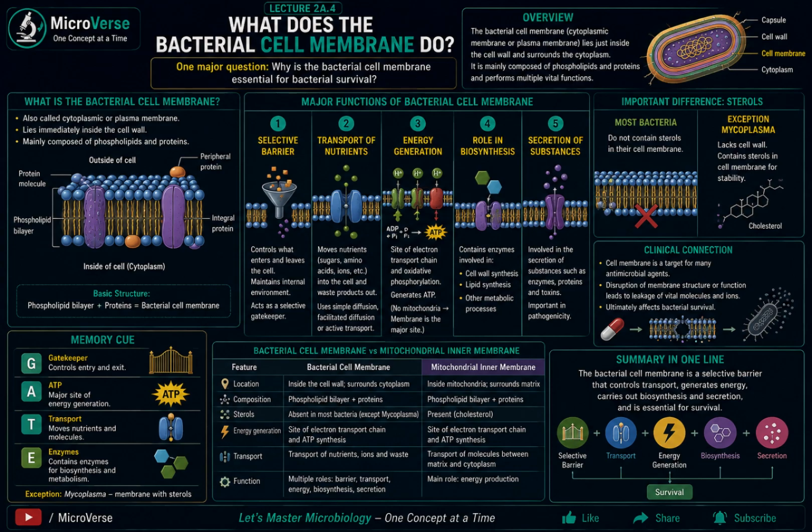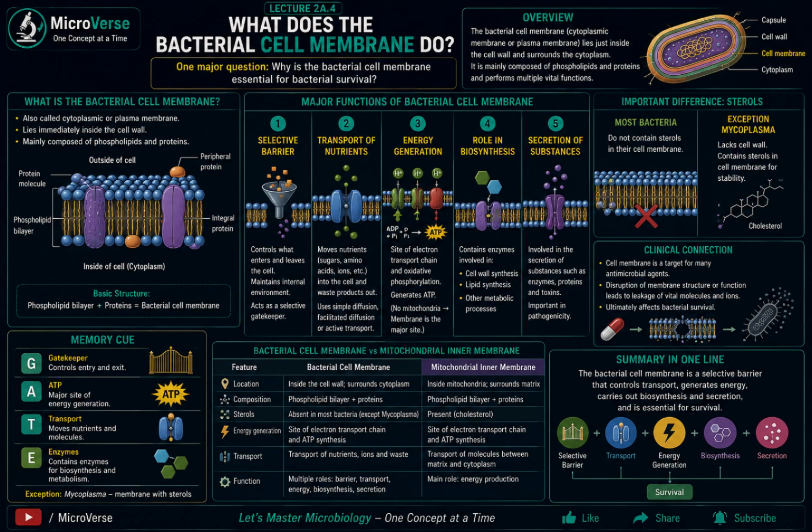So, remember the bacterial cell membrane using the word GATE. G stands for gatekeeper, which controls entry and exit. A stands for ATP, which is the major site of energy generation. T stands for transport, which moves nutrients and molecules. E stands for enzymes, which are involved in biosynthesis and metabolism.